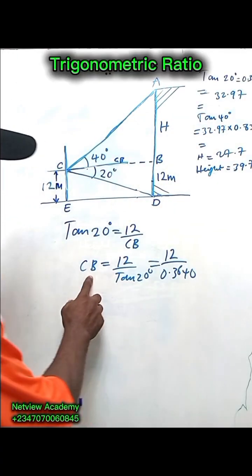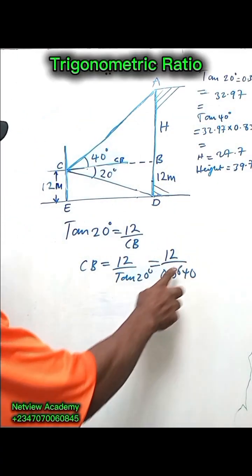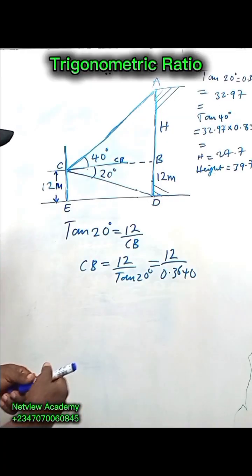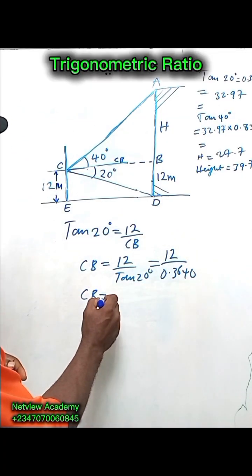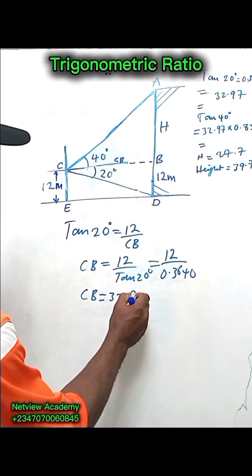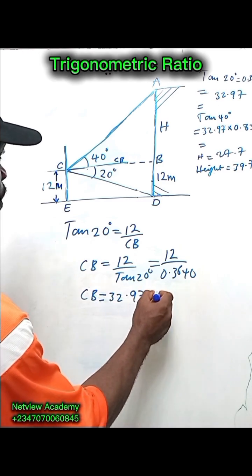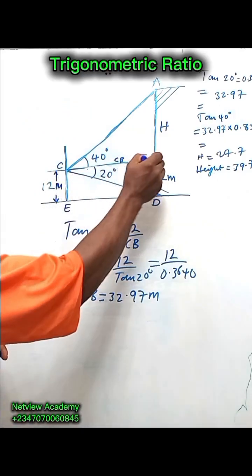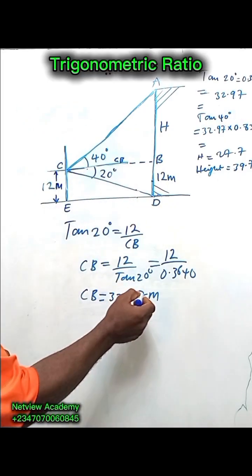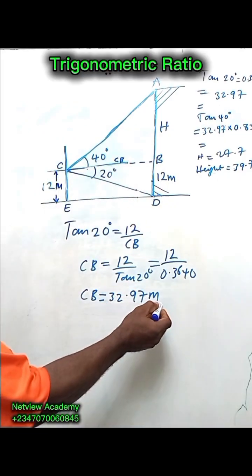Therefore, the value of CB is equal to 12 over 0.3640, which is the same thing as CB is equal to 32.97 meters. Therefore, the length of the adjacent is 32.97. So we are going to use this length.